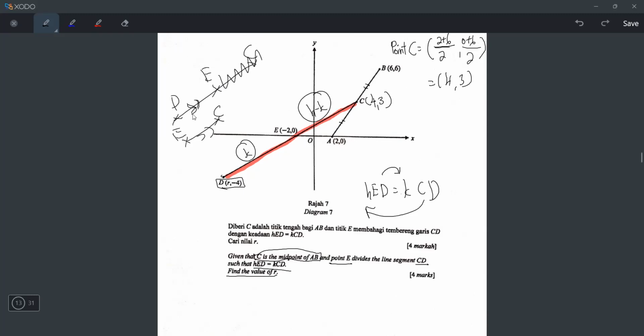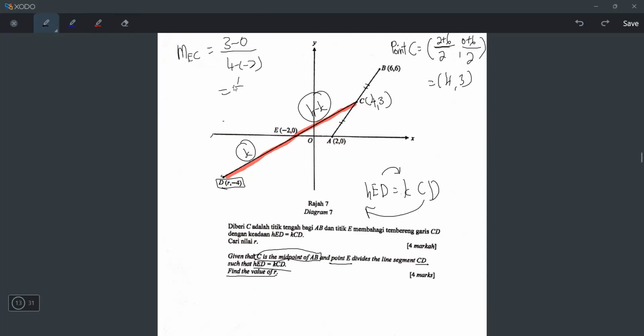They will have the same gradient. Am I right? The reason I say this is because you have point E and point C, and point D you don't have, it's not complete, it's only the x coordinate you don't have. So you can use gradient to do it. The gradient of EC will be y minus y over x minus x, so 3 minus 0 over 4 minus negative 2, and 1 over 2.